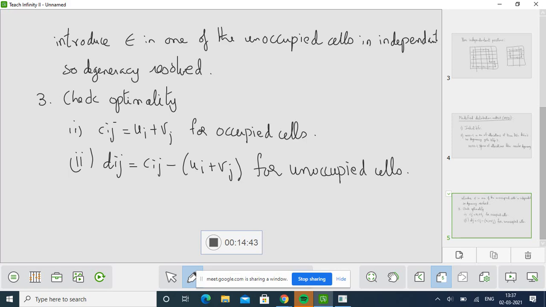Then comes the question of me checking whether the solution is optimum or not.